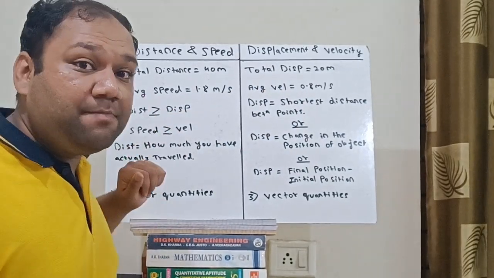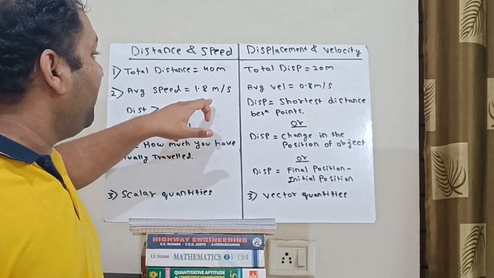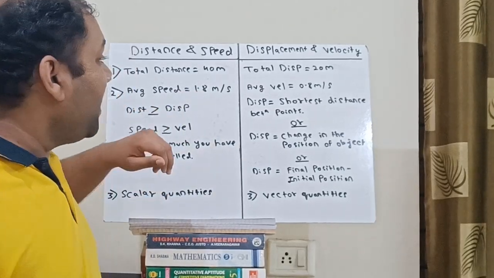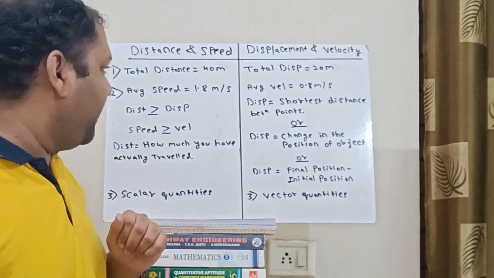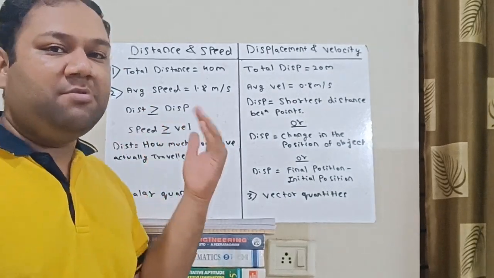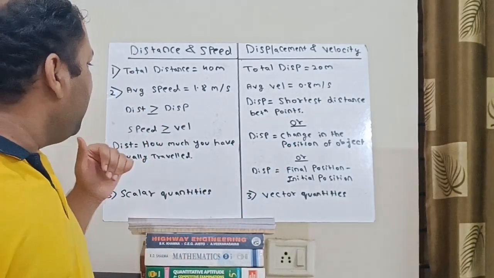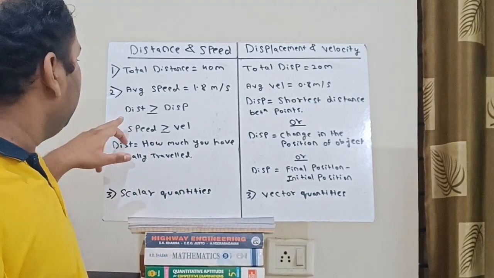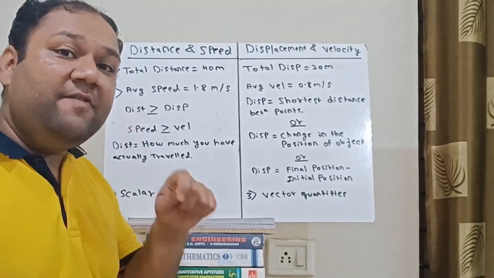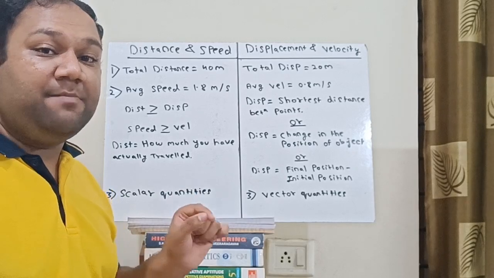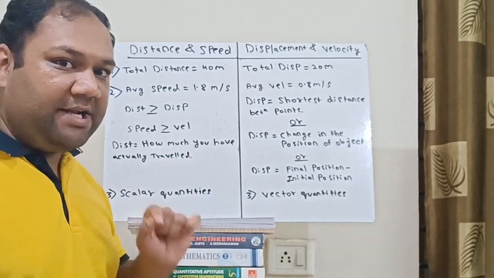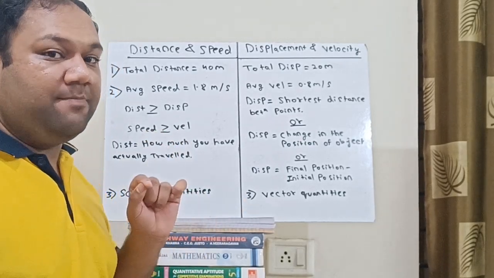Also, the average speed was 1.8 meters per second, and the average velocity was 0.8 meters per second. So, what do you observe by this? We can infer that distance will always be greater than or equal to displacement no matter what. Displacement cannot be greater than distance. It is a very important point.